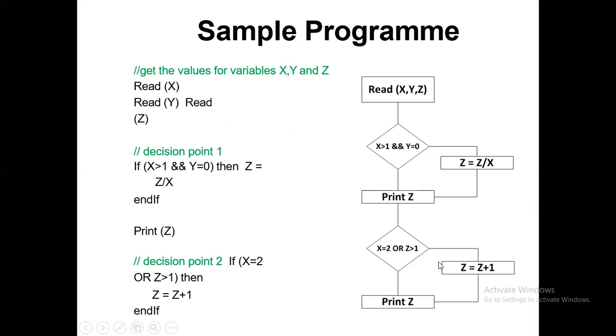After that, again it will check whether X equals 2 or Z is greater than 1. If this condition is satisfied, then Z will be Z plus 1, and then it will print Z again. This is the flow chart. When it goes to code implementation, this is what we call pseudocode.